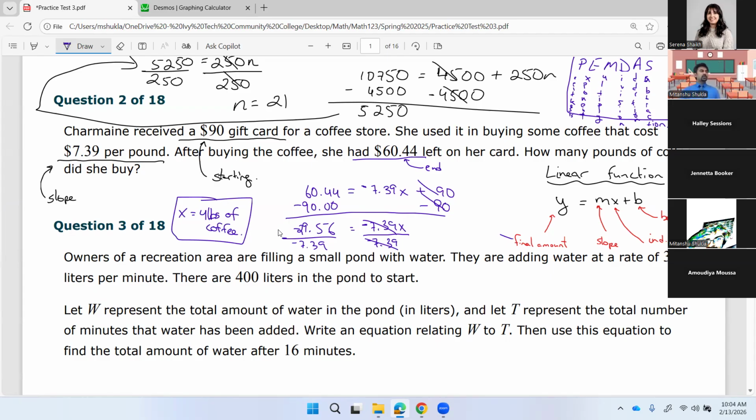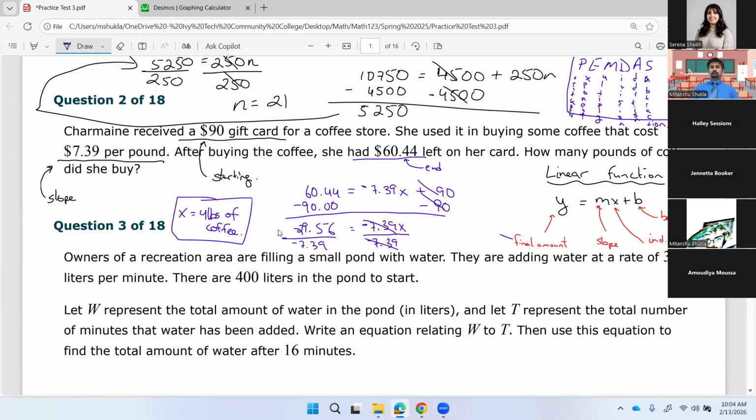Do we have any questions about how the equation was built? Yes. What's up? I don't know who taught me this, but the Y, or the total cost, should be the gift card, because that's the total.